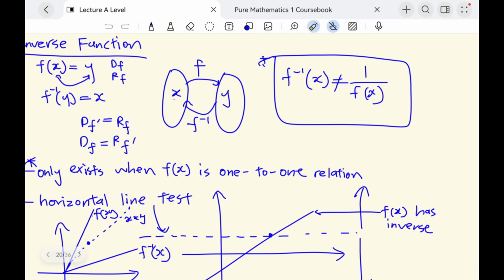So why does a quadratic not have an inverse function? Because it is a many-to-one relation, right? By drawing a horizontal line that cuts multiple points of the graph of the function.